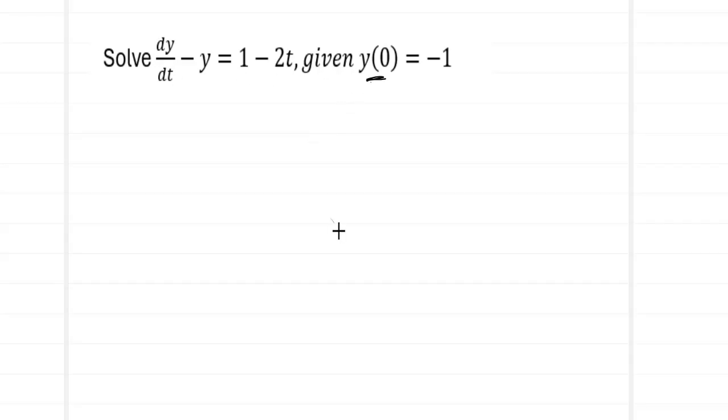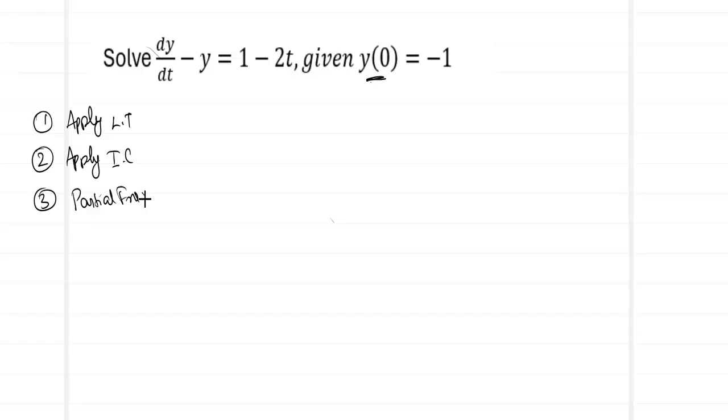So, we will be following the 4-step method to solve the differential equation. The first step is to apply the Laplace transform to the differential equation on both sides. The second is to apply the initial conditions or the boundary condition which has been given to you in the Laplace transform quantity. Third step, compute the partial fraction for the given expression.